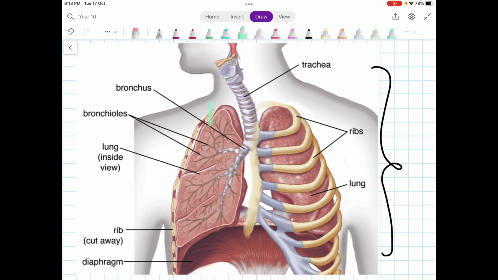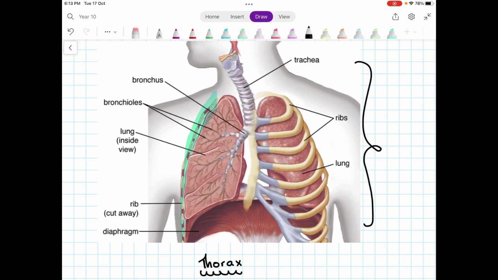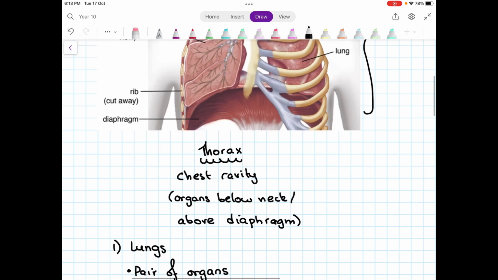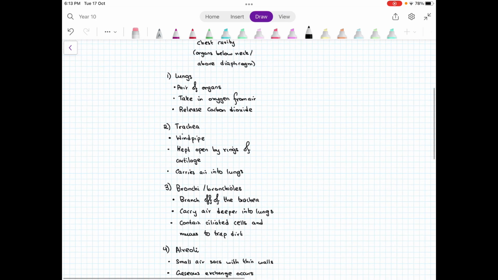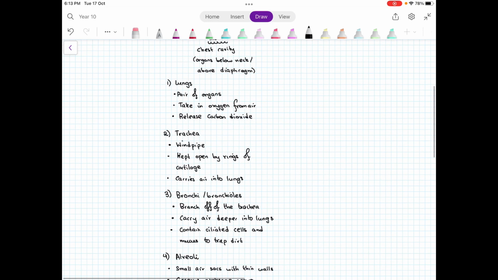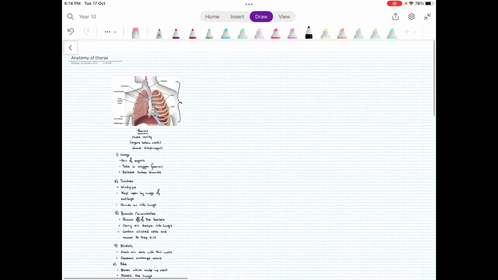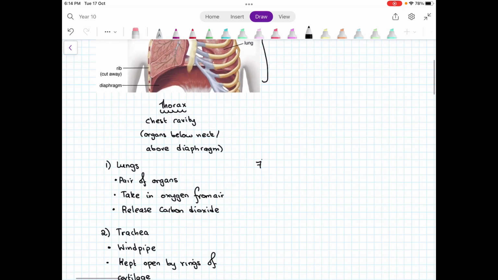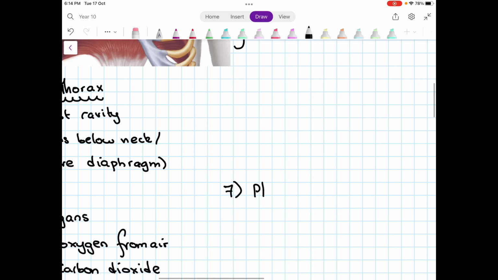So these would be your intercostal muscles. Okay, I think we have 2 more structures left to go.